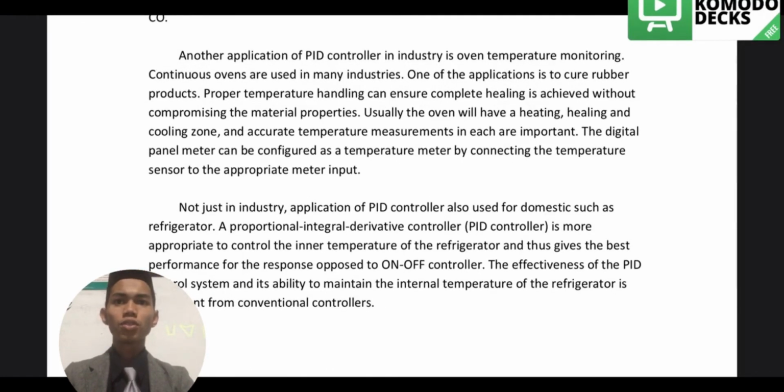Another application of PID controller in industry is oven temperature monitoring. Continuous ovens are used in many industries. One of the applications is to cure rubber products. Proper temperature handling can ensure complete healing is achieved without compromising the material properties.